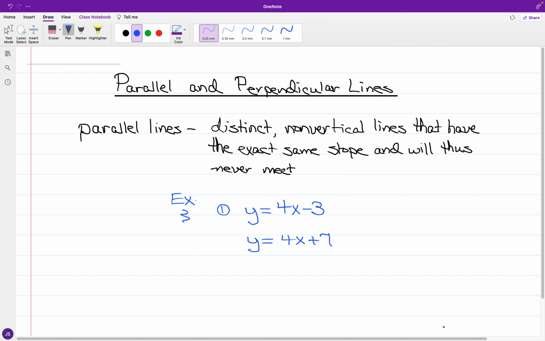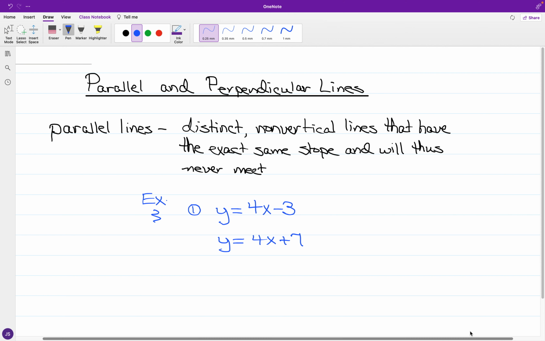Okay, so both of these lines have their equations expressed in slope-intercept form. So you got y is equal to 4x minus 3, and y is equal to 4x plus 7. So you have a lot of same characteristics, but notice we have different y-intercepts. So these lines are distinct from each other.